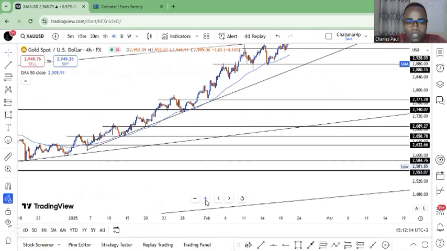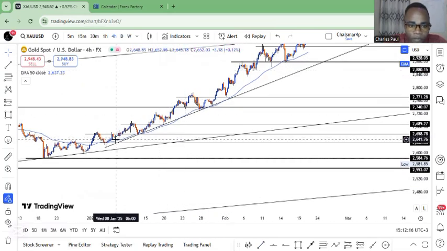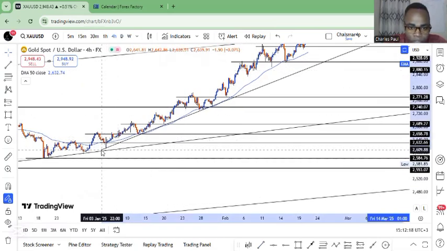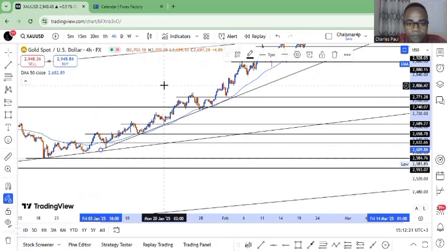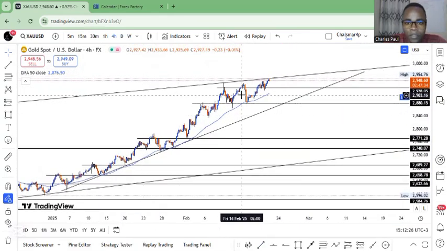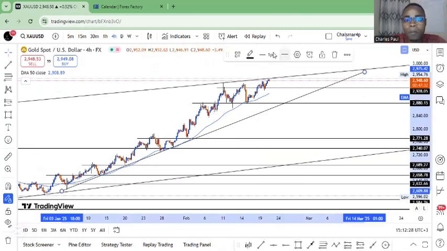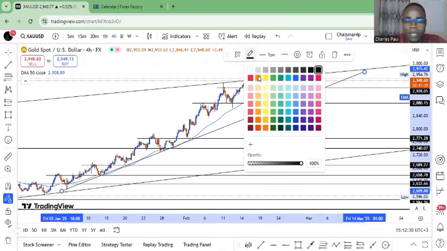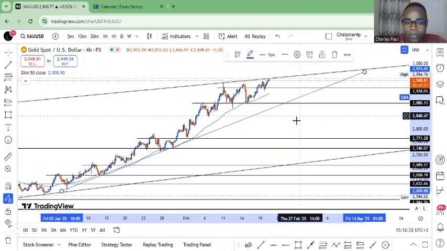Let me zoom out more and modify these points that the trend passes through.